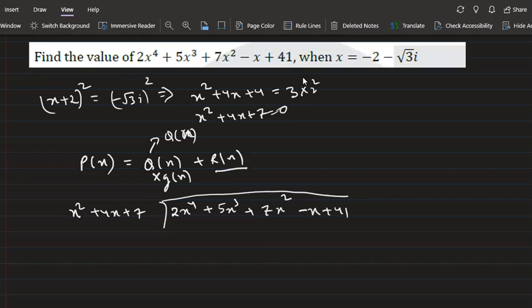So it is 2x⁴ and we have x², so we will divide by 2x². So 2x² into x² gives 2x⁴. Now 4x into 2x², we will get plus 8x³. 7 into 2x², we will get 14x². Yes or no?